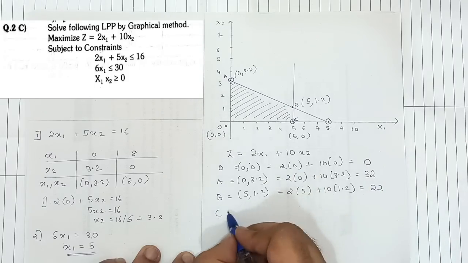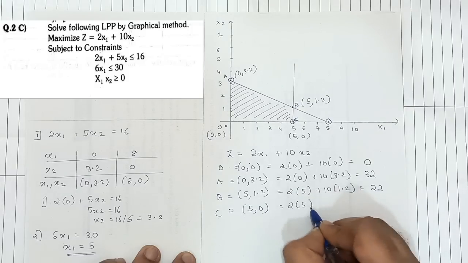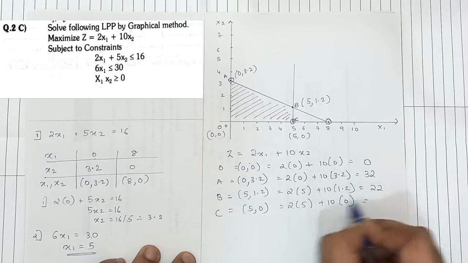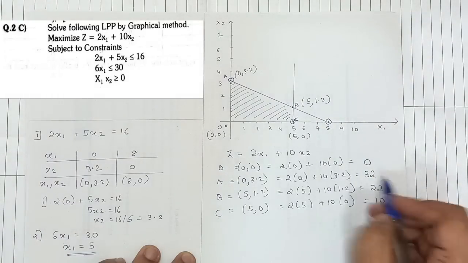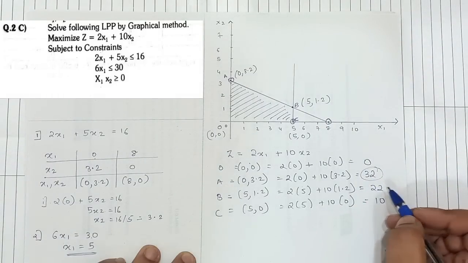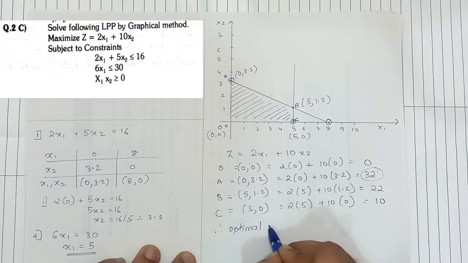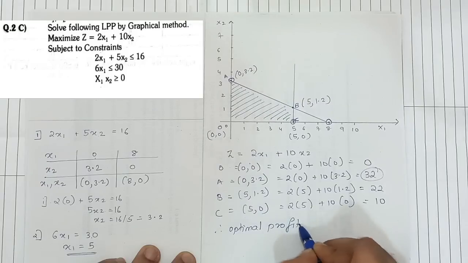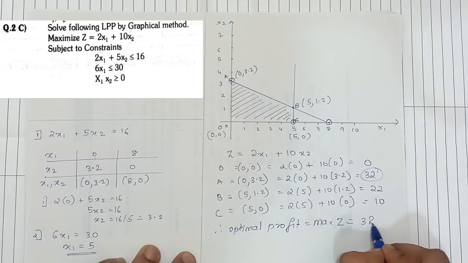And last, C's value was 5 comma 0. So 2 into 5 plus 10 into 0. 2 fives are 10. So from here the highest value is 32. Therefore the optimal profit, that is max z, is equal to 32.